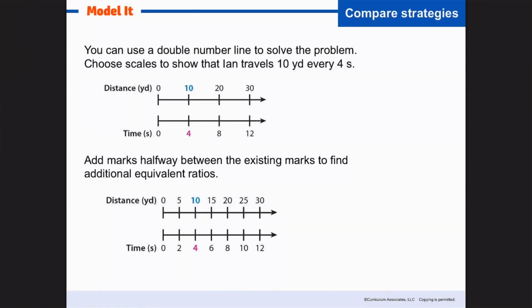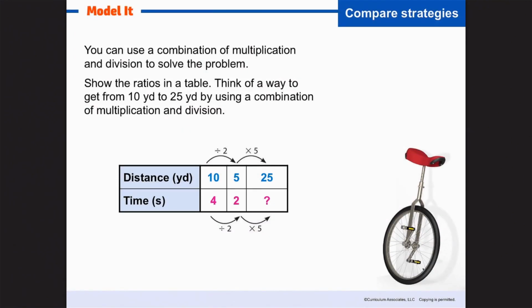Okay, there are 2 ways to do it. Either you can do this on a number line, a double number line, where you're counting forward, or you can make halfway marks to find that value. Or you can do it the way that we did, divided by 2 to make a friendly equivalent ratio, and then multiplied by 5 to find that missing value.